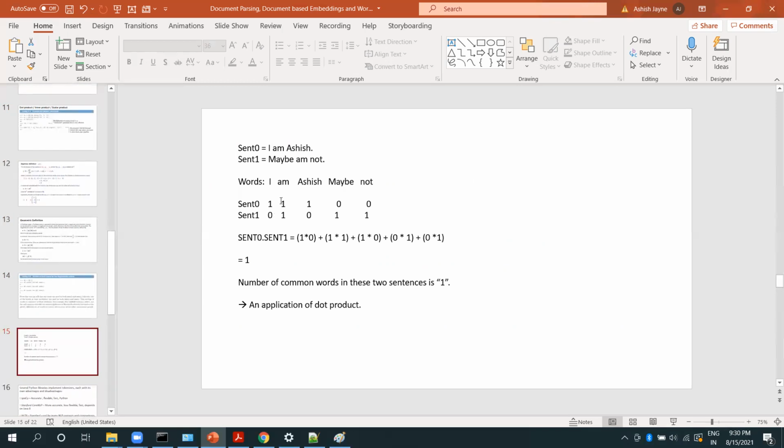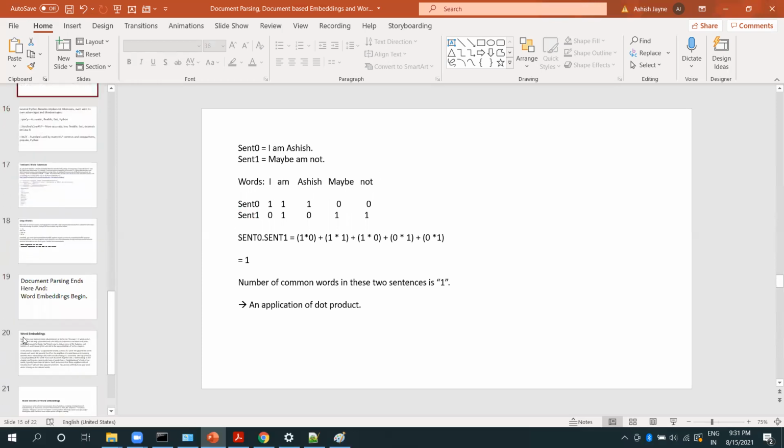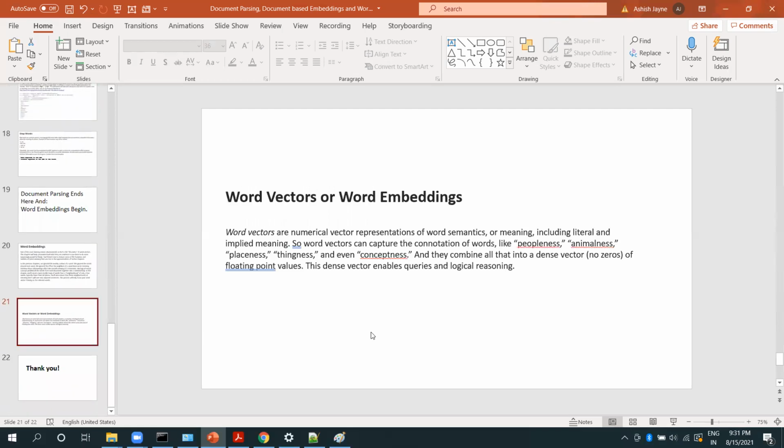So there is a concept called count vectorization, which should be able to return the local word embedding for these words with respect to sentence 0 and sentence 1. But we also have a concept called global word embeddings, which take the names of GloVe or Word2Vec or word embeddings.